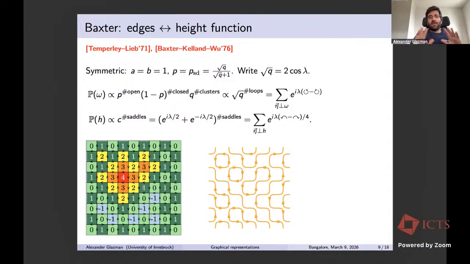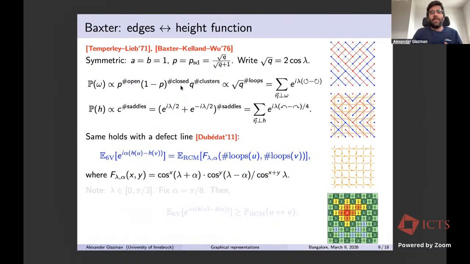So that's the connection. Again, I'm going somewhat quickly through this because I assume that Johan also covered this in his mini course. Overall, this connects the two models, the random cluster and six-vertex model. And now, in fact, one can go one step further and add in this coupling also some defect line. So you're putting some defect.